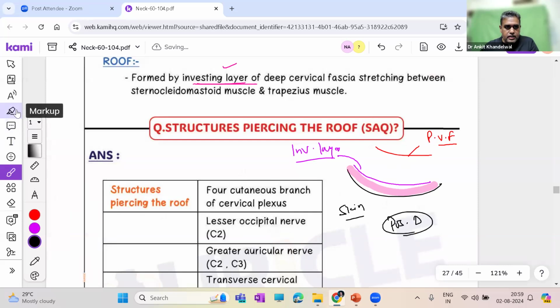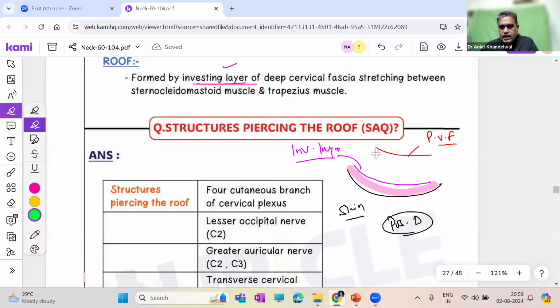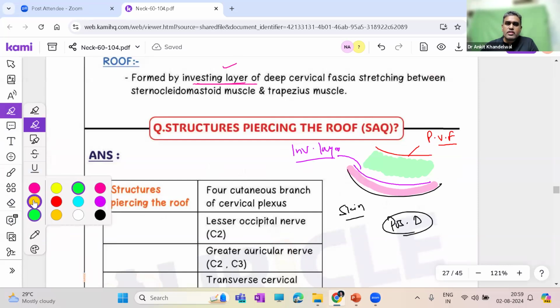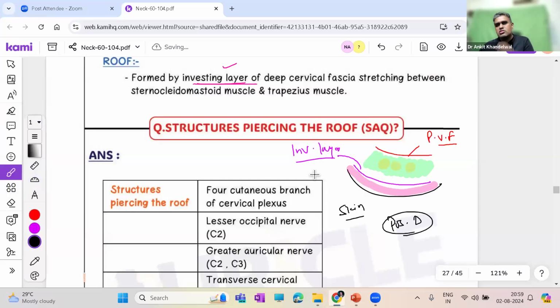Now comes the point. If I put a green highlighter over here, what is this? This is the content. This is the space of the posterior triangle. Yes or no? So there will be some structures over here. Let me make 3 circles over here. These are supposedly 3 structures randomly.